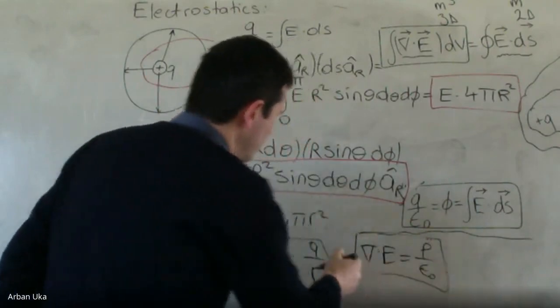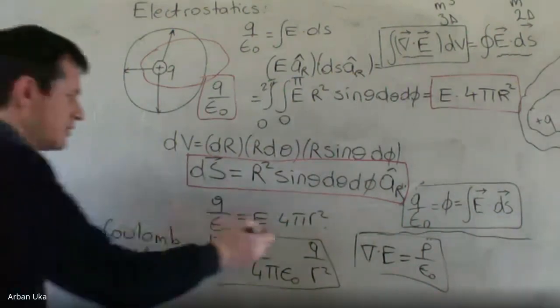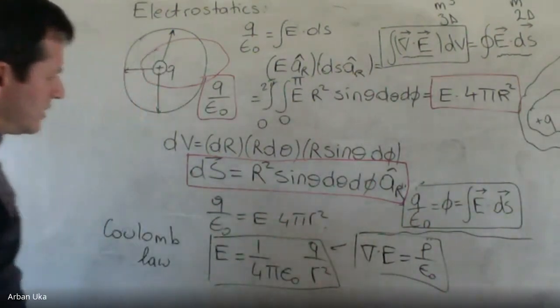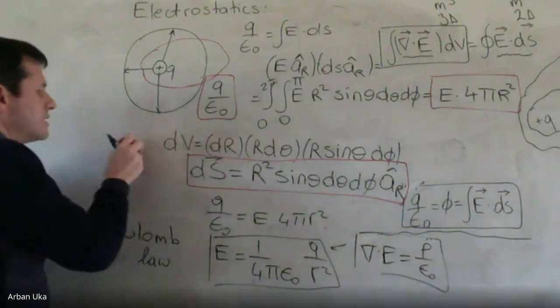So from this postulate, we got this. We also see that the electric field changes as 1 over R squared. So that's the first thing that we learned. Also, similarly, we can derive, so I hope this part is clear.